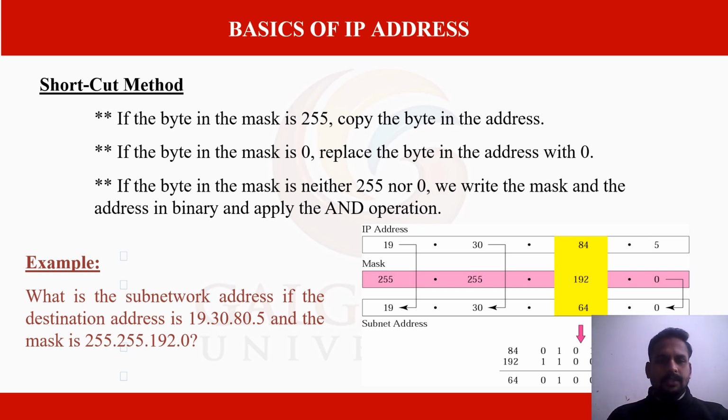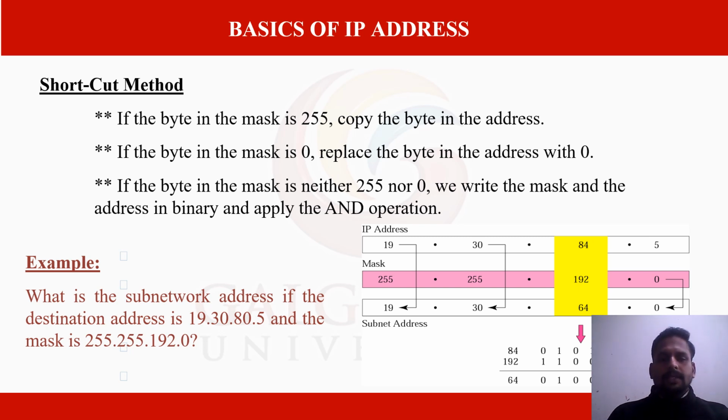And then the next one is the shortcut method. Here we have three different rules for the shortcut method. First one: if the byte in the mask is 255, copy the byte in the address. That means if you have 255 in the mask, there is no need to make any changes; simply keep that value as it is. Second rule: if the byte in the mask is 0, replace the byte in the address with 0.